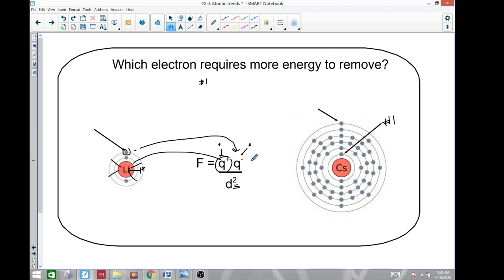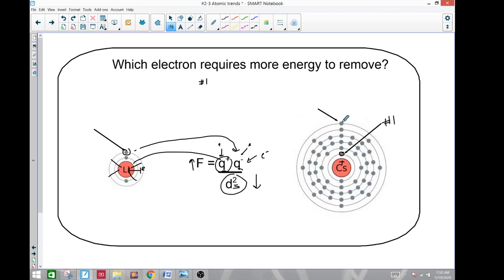Now this is just the charge of an electron, that's the same for all of them, technically. So this guy's got more positive charge here because it's a bigger atom, but the distance is really small. So when this gets small, this gets really big. Okay, so this is number one.